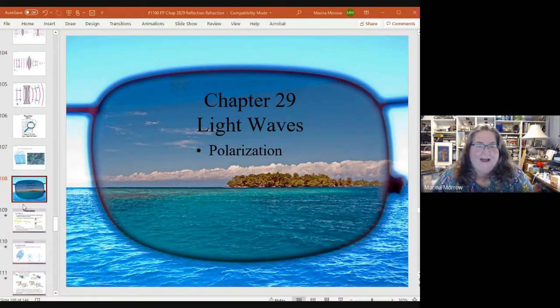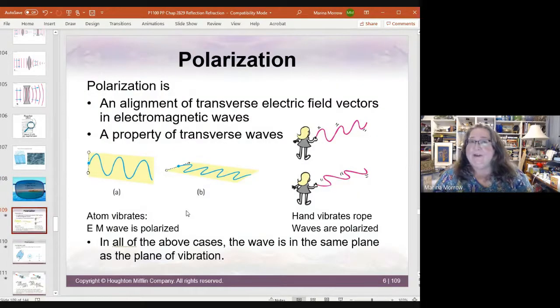Okay, so with polarization, the idea is like Polaroid sunglasses. Polarization is the idea of the electric fields being oriented in a certain direction, and so this is a property of transverse waves.